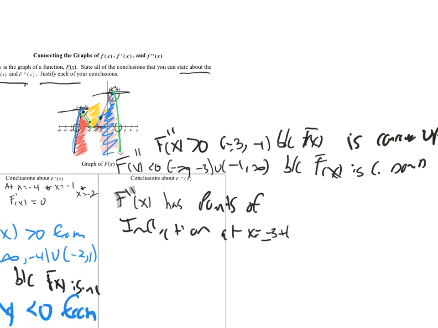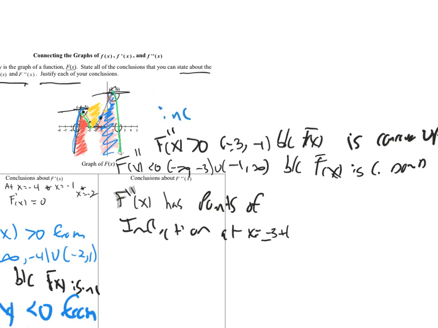What else can I say about the second derivative? The second derivative, I already said it's increasing. That means greater than 0. So when I say greater than 0, that also could have been written as increasing.